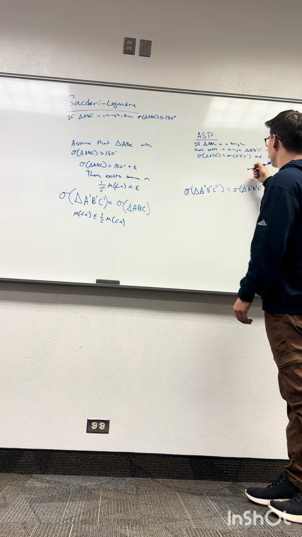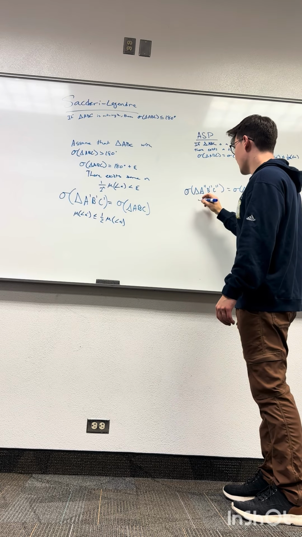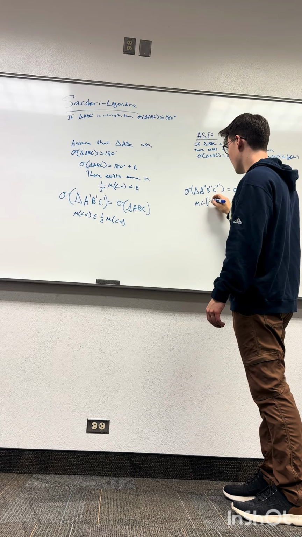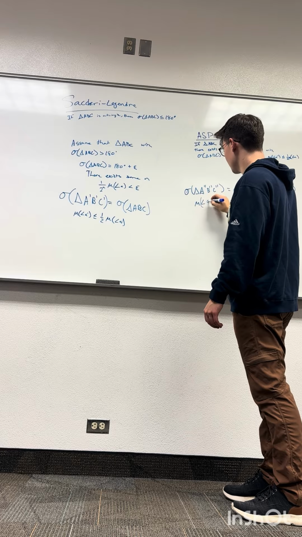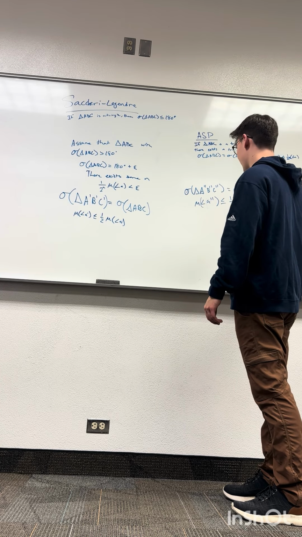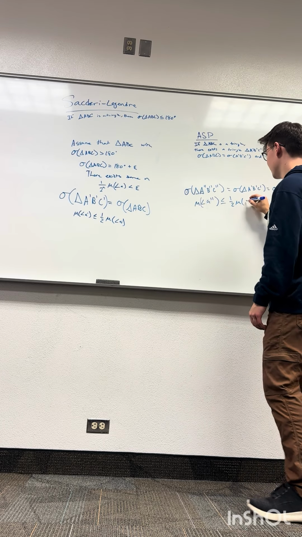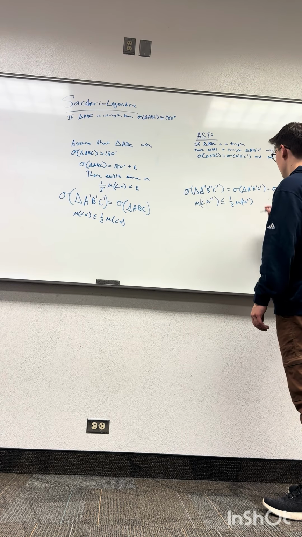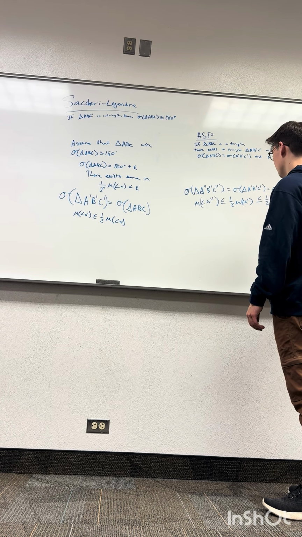And we know by this lemma that there exists some angle measure A double prime that is less than or equal to 1/2 of the angle measure of A prime, which we know is less than or equal to 1/2 of the angle measure of A.